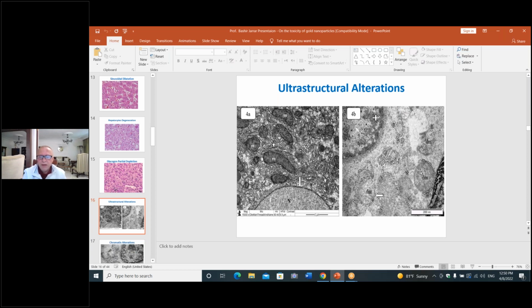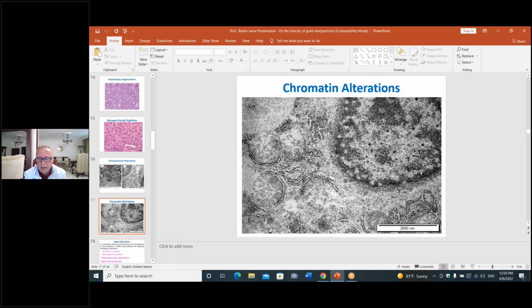So here it's clear that gold nanoparticles can induce damage of the mitochondria, which is the house of energy, by breaking down the cristae and by swelling, and of course by then impairing the cellular respiration, the production of energy.